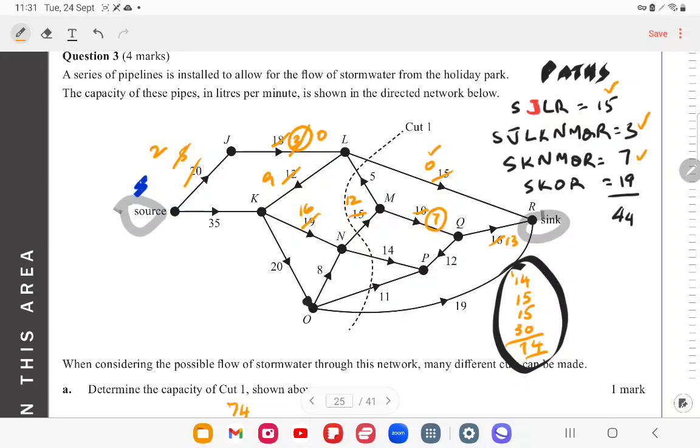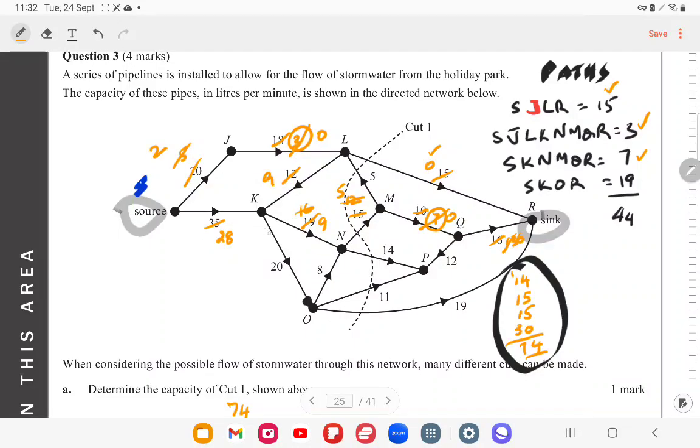And so we record 7 against that path, and we subtract 7 minus 7, 0. That's 13 minus 7 is 6. And minus 7 is 5. And 16 take away 7 is 9. And 35 take away 7 is 28.